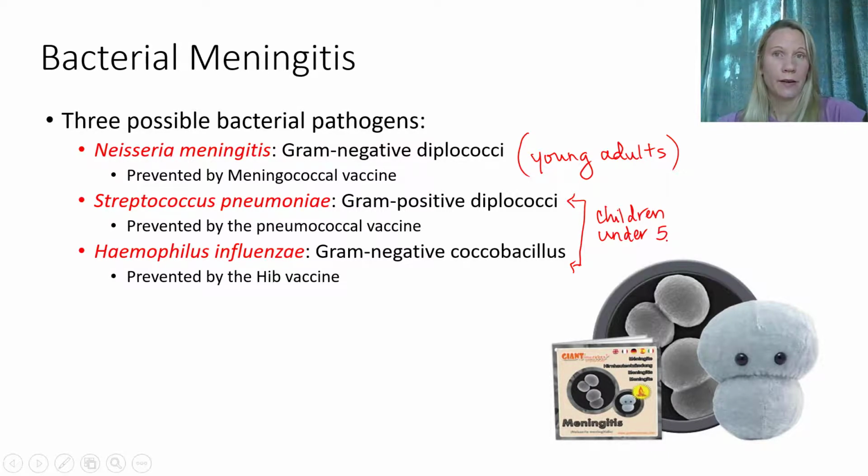Also preventable by their childhood vaccinations. So pneumococcal vaccine is protecting children not only from the Streptococcus pneumoniae bacteria or bacterial pneumonia, but also from bacterial meningitis. And the same thing with the Haemophilus influenzae bacteria.